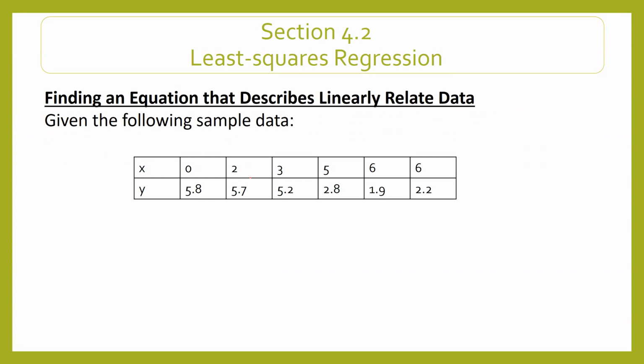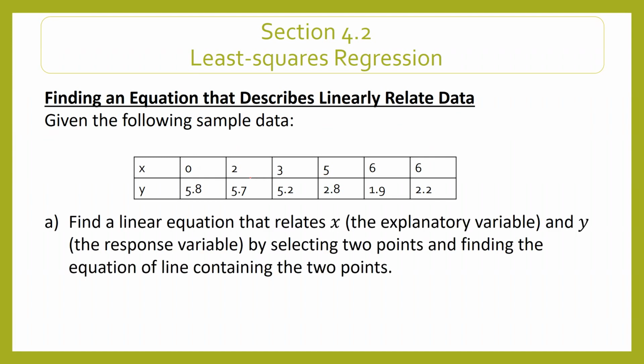Before we go into least squares proper, when we deal with this in basic math, college algebra, I give you some data, X and Y. And the goal here is to find a linear equation. How do you find a linear equation? Get two points, any two points you want here, and then find the slope.